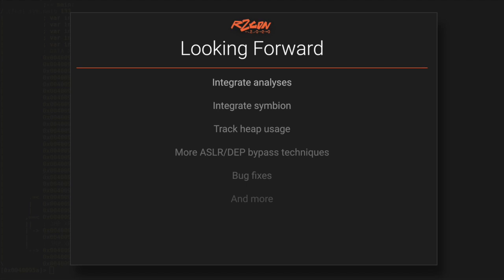I only scratched the surface in my talk, and angr can definitely be used to generate longer and more sophisticated ROP chains. There's bug fixes and increasing the robustness of the tool, and also Windows integration, which should be possible but is so far untested.